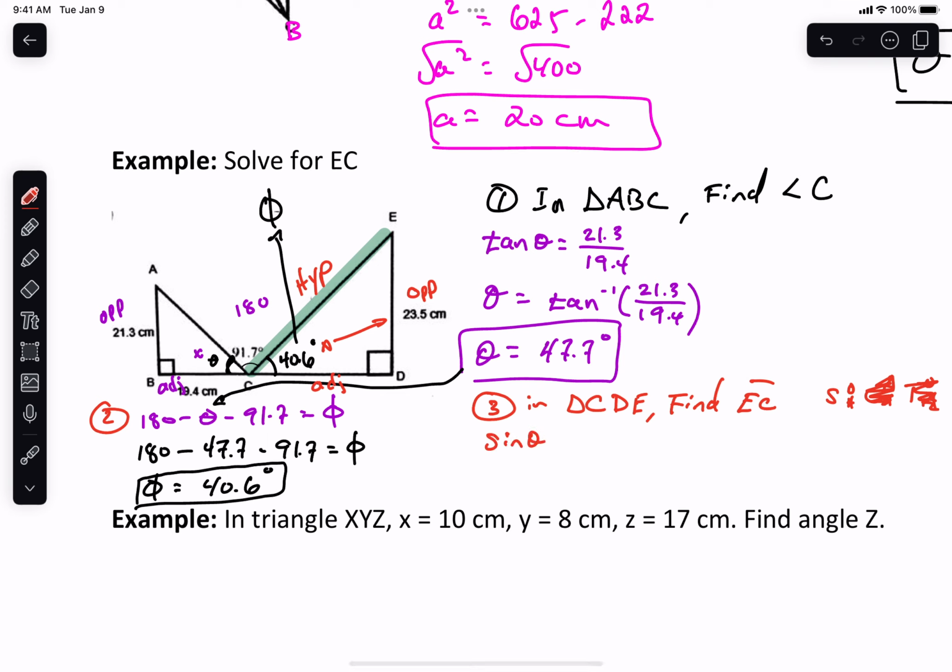Sine of 40.6. Yeah. This is what happens when there's 4,000 conversations going on in the classroom while I'm trying to think. We've got opposite, which is the 23.5, divided by the hypotenuse.